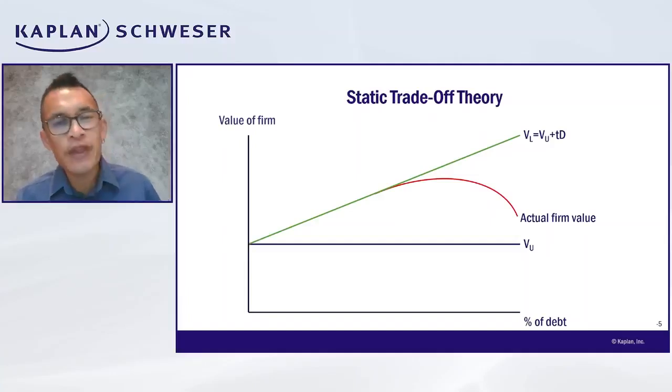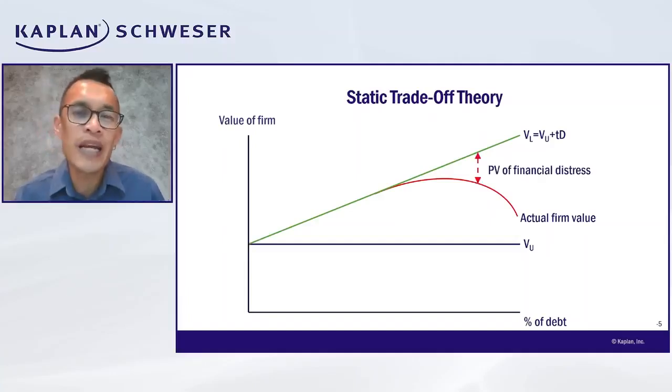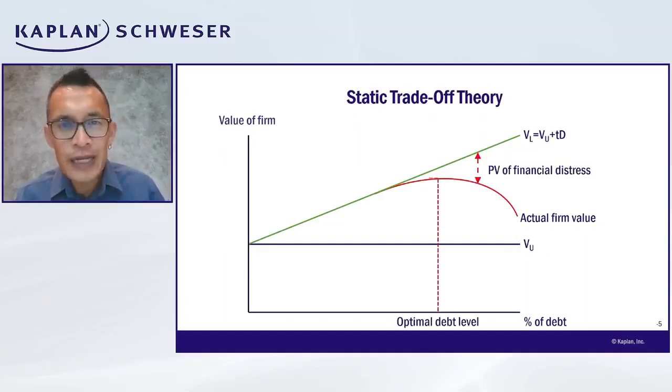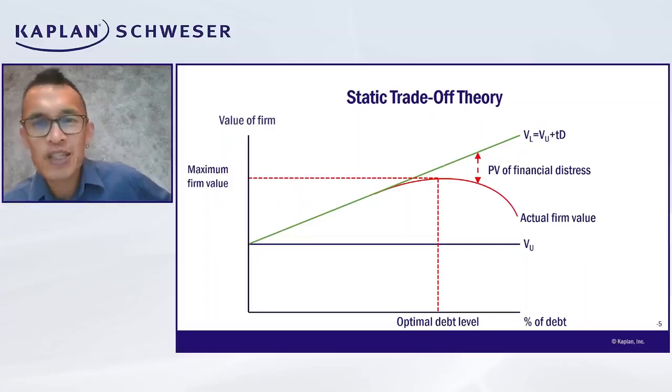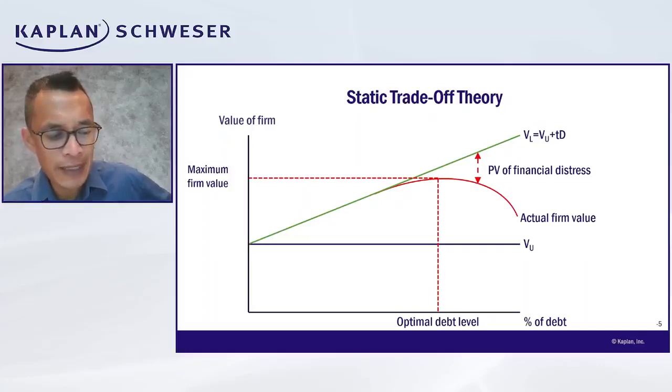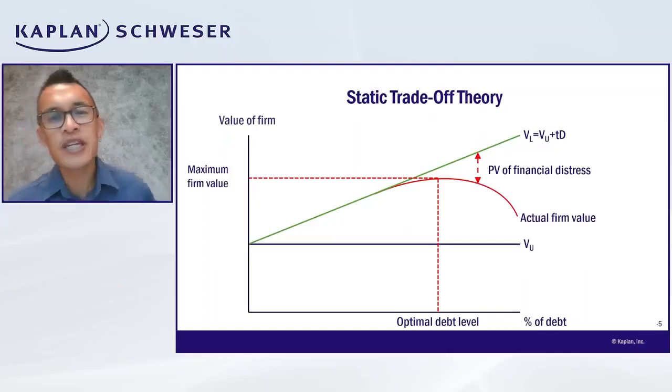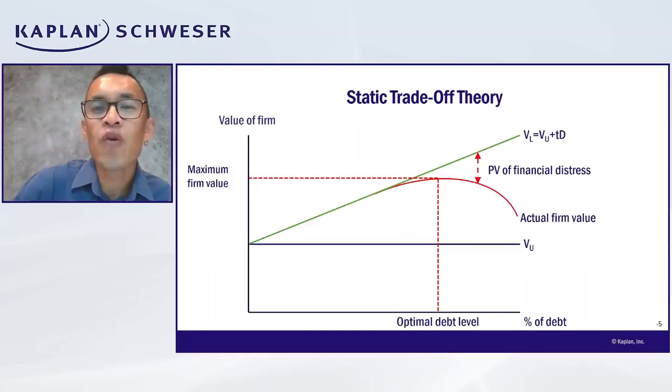But it is really just trying to indicate here that there is an optimal debt level which maximizes firm value. And that debt level has to be less than 100% of the capital structure. So you can see the difference between the red and the green line as the present value of financial distress.